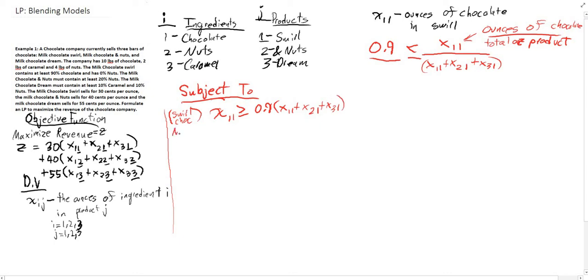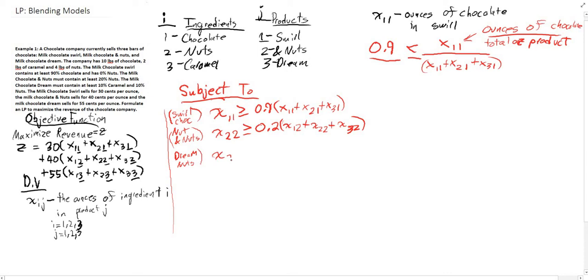Then we're going to have the nuts constraint. This is going to be total number of nuts in product 2 must be greater than 0.2 times the amount of chocolate in product 2 plus the amount of nuts in product 2 plus the amount of caramel in product 2. And then we're actually going to have 2 constraints for the dream chocolate, so dream nuts.